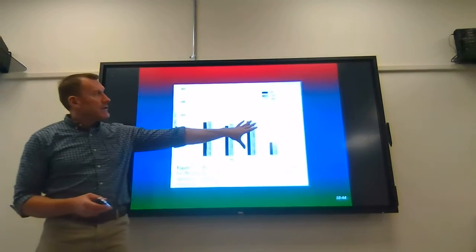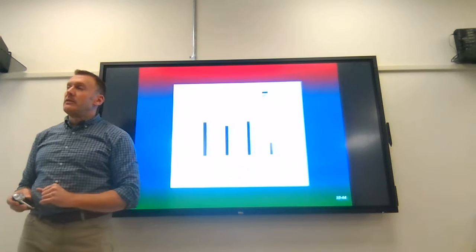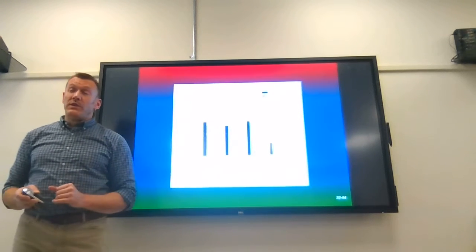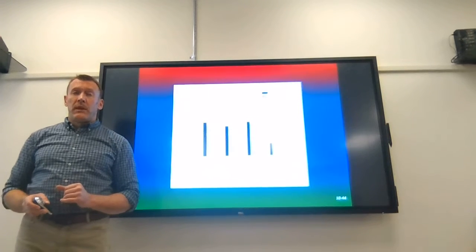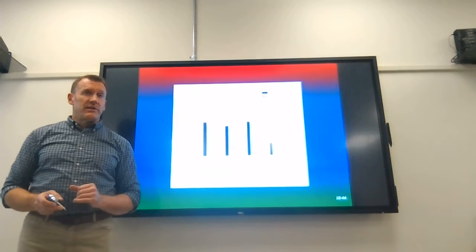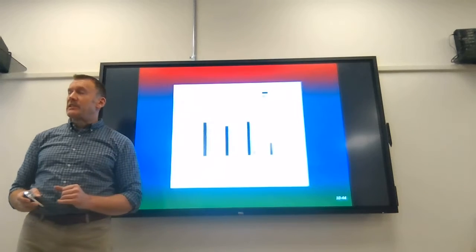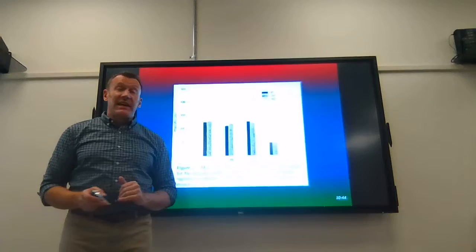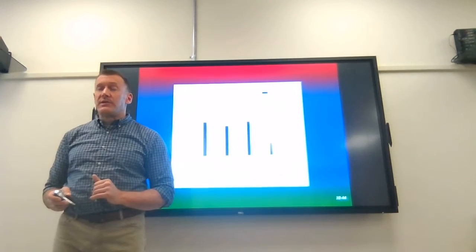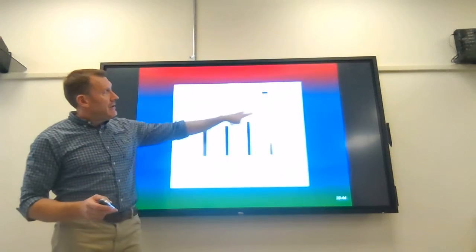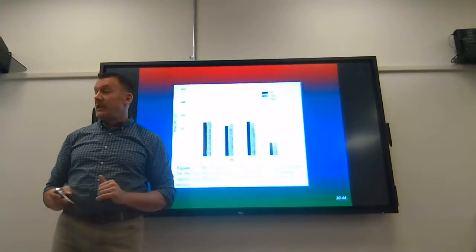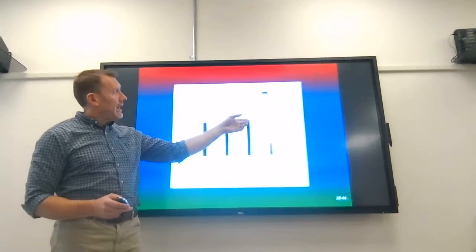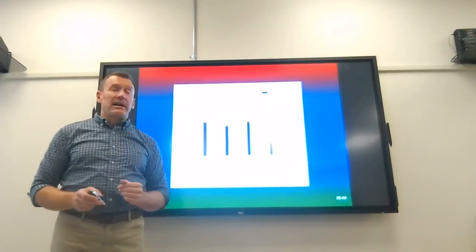Looking at these results for the soleus, the soleus crosses only the ankle joint, so its primary function is plantar flexing the ankle. We see that overall the highest activity for the soleus was achieved at that 90-degree angle, with the knees flexed 90 degrees.